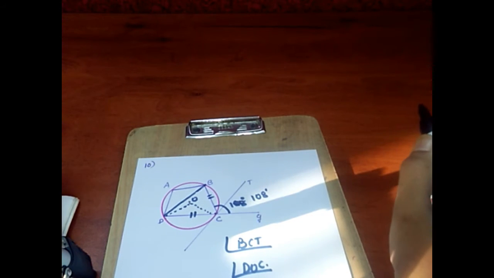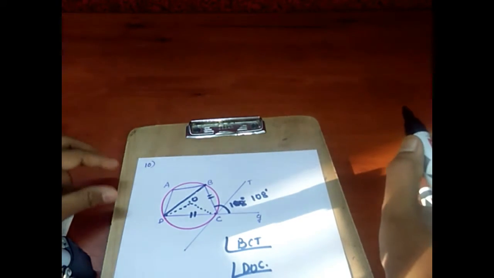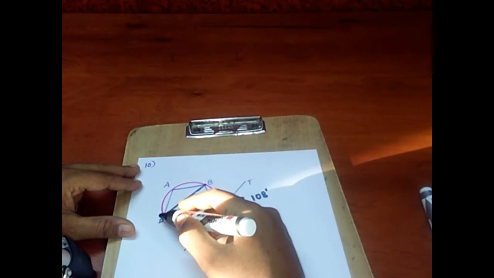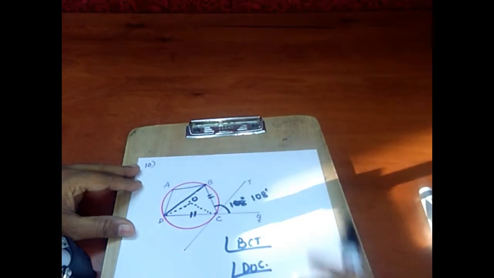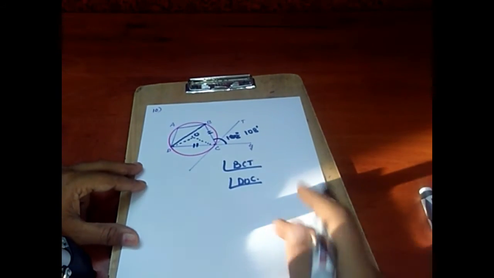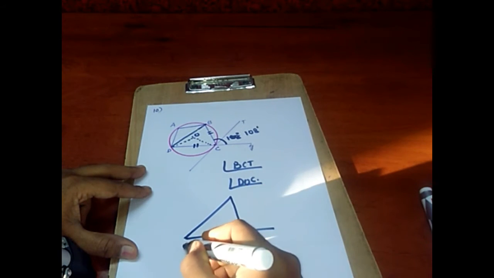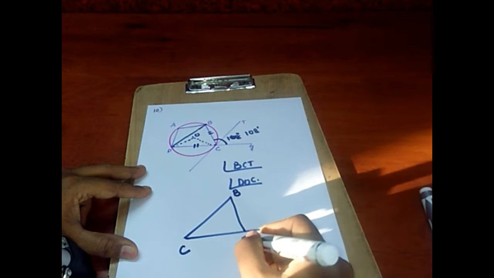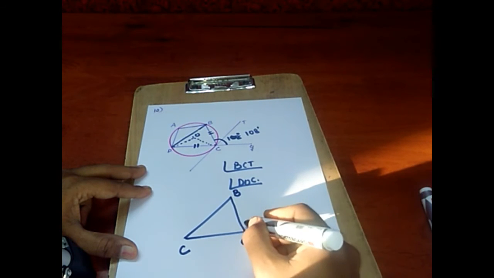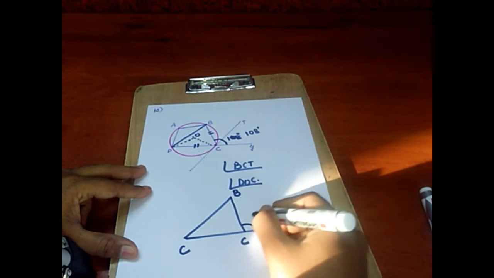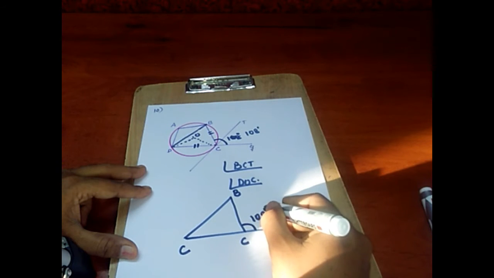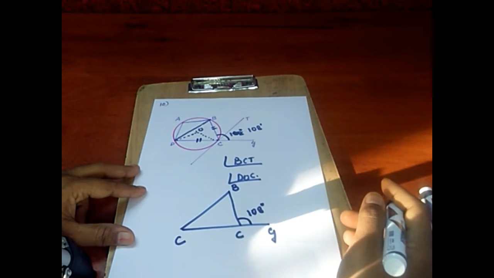I am not going to write. Listen carefully and try to write it by yourself. As soon as I join the line DB, I can notice a triangle DBC where I can find an exterior angle which measures 108 degrees.